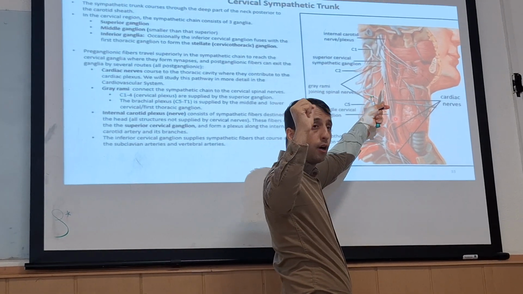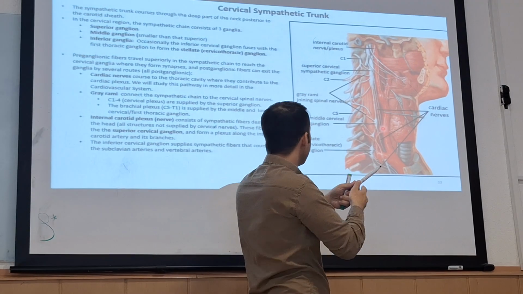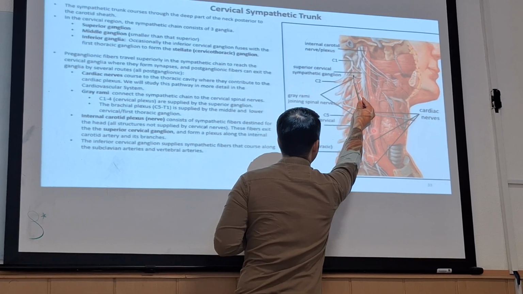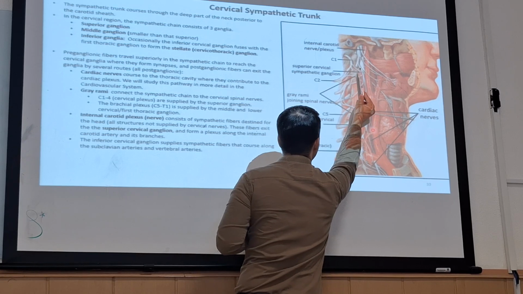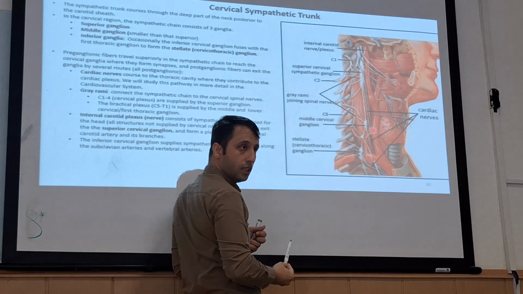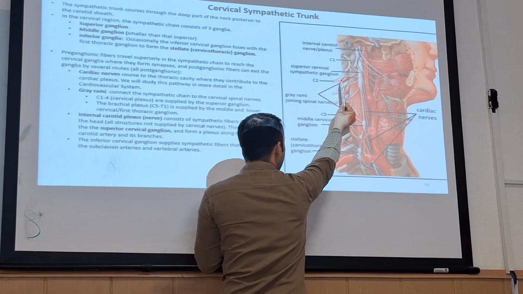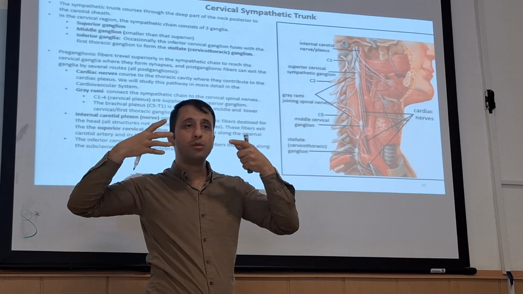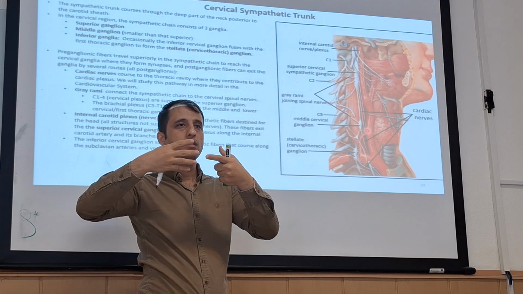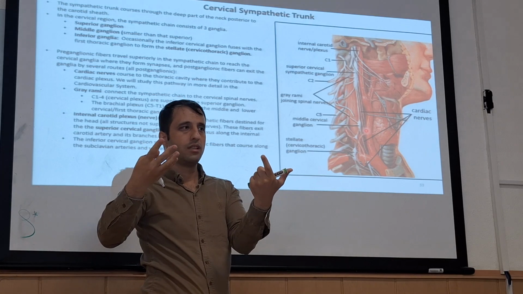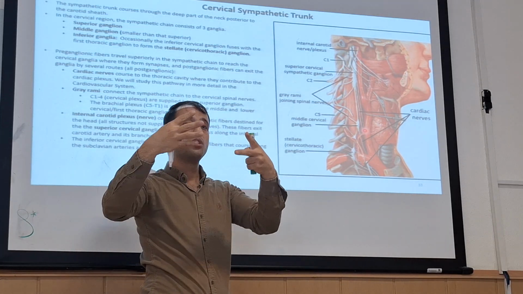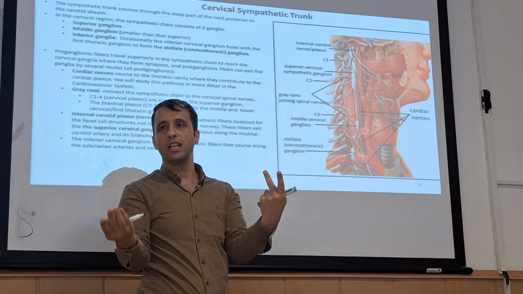The spinal branch of the superior goes to C1, 2, 3, 4. When these fibers arrive, they arrive at the cervical plexus, and by the fibers of the cervical plexus travel to another area.